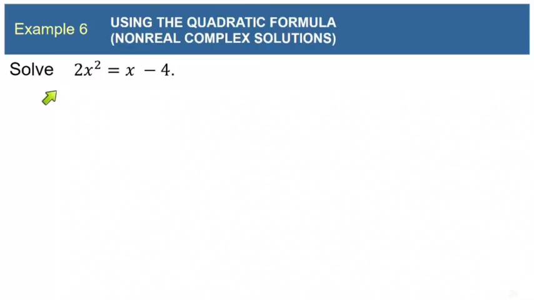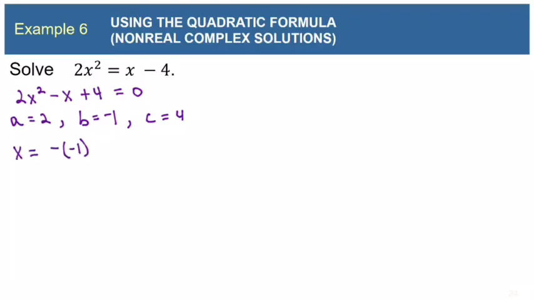So let's have 2x squared minus x plus 4 equals 0. Now you can see that a equals 2, and b equals negative 1, and c equals 4. And so now let's plug into our formula. x equals negative b plus or minus the square root of b squared minus 4ac all over 2a.